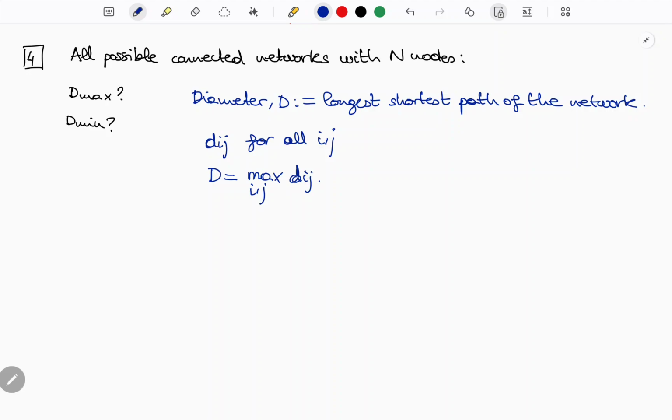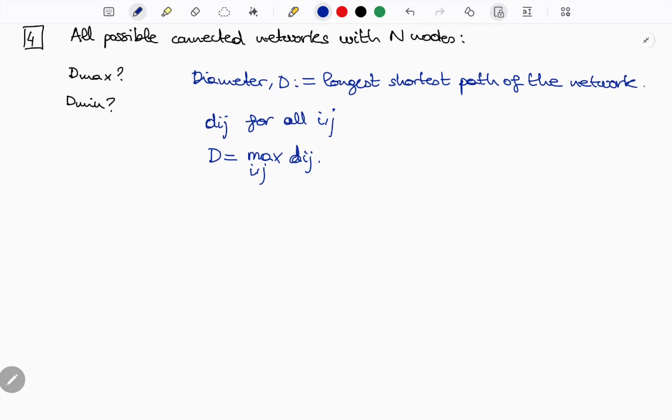So let's think of different network configurations. This is an easy one. For the case of the minimum value, I think it's quite obvious, because the smallest possible distance between two nodes is going to be 1.